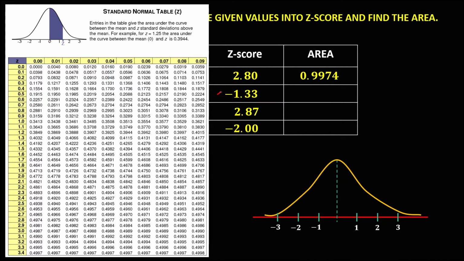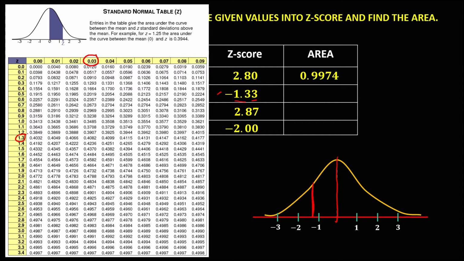Then for this negative 1.33, let's assume this is negative 1.33. And again, to find the area from the mean to this z standard deviation, just ignore the negative. So we have 1.3 and this is 1.3. Since we have this 0.3, look for 0.03.